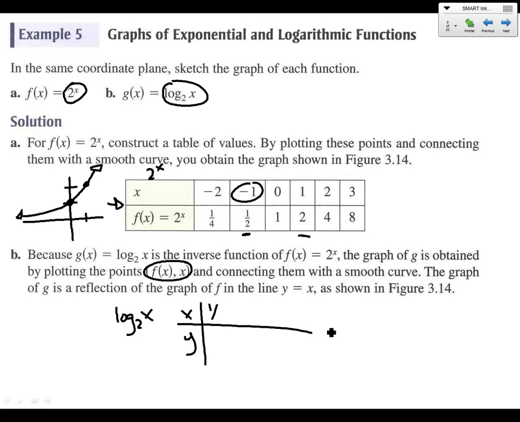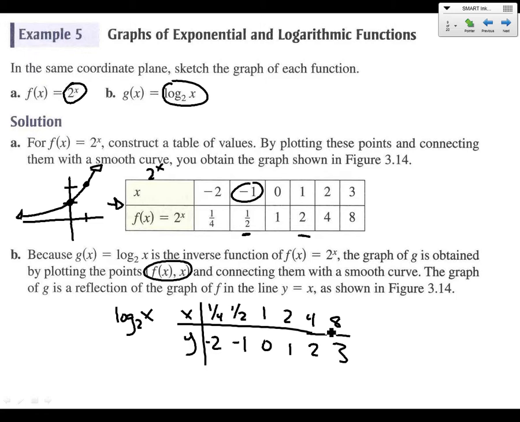So 1/4, we get 2. 1/2, we get negative 2, negative 1. 1, we get 0. 2 and 1. 4 and 2. 8 and 3.